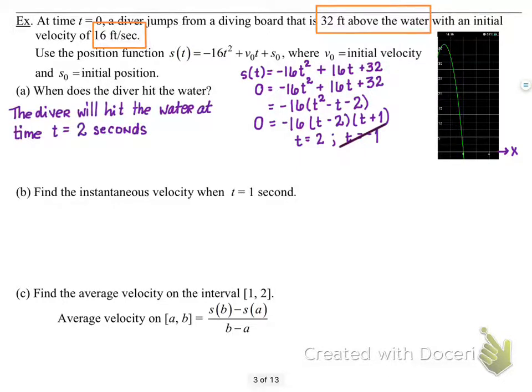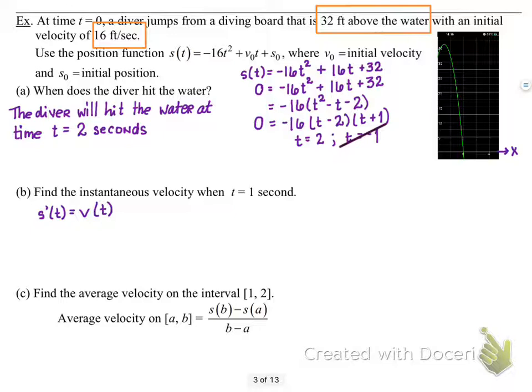Once we've discovered that, we need to find the instantaneous velocity when t equals 1 second. Instantaneous velocity is determined by the first derivative. So we find the first derivative of the position function, and there was quite a discussion one year when I graded the AP exam, and I want to make this very clear. In the past, we used to refer to velocity as v of t with no context given.